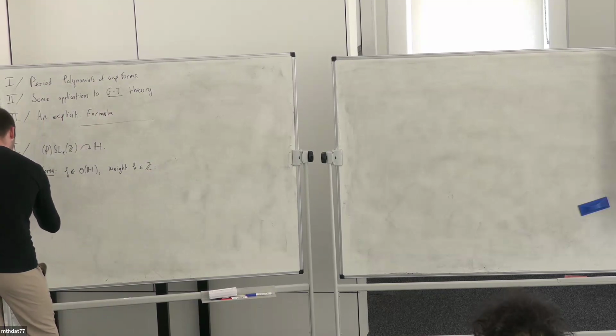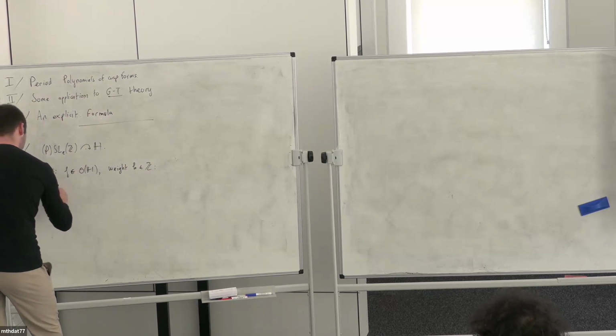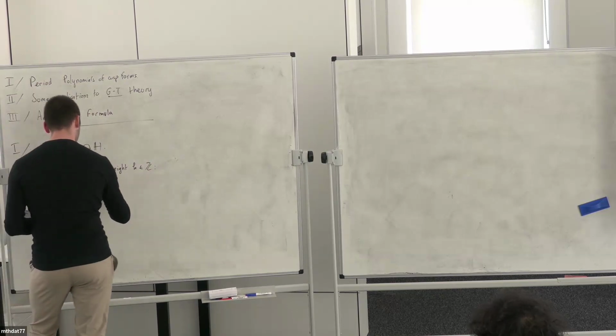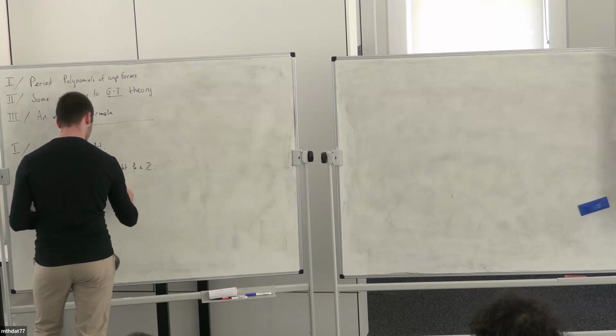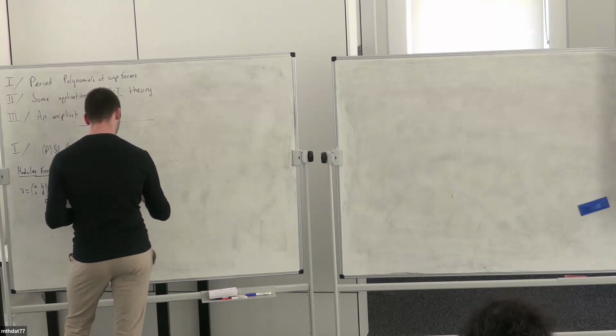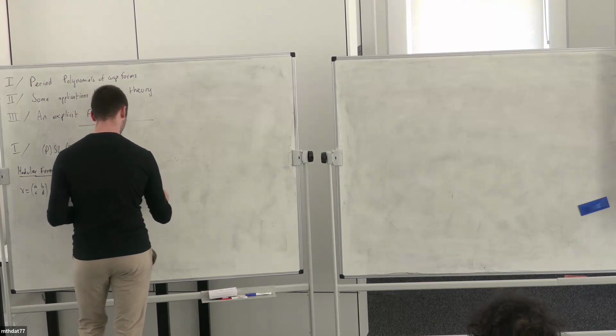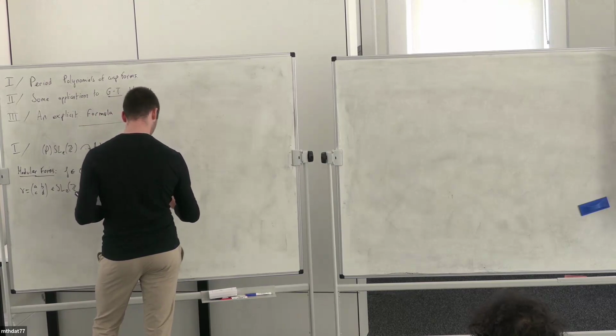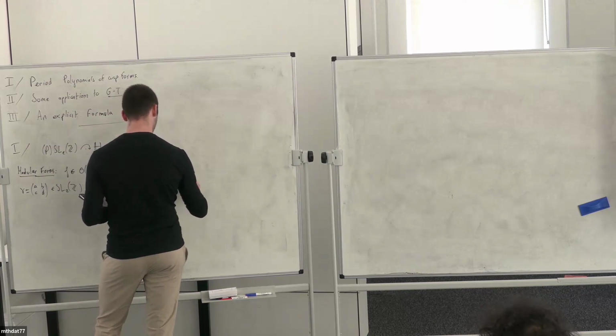If we take gamma to be a matrix in the modular group, then we ask for all elements z in H to satisfy the following property: f of gamma of z has to be equal to (cz + d) to the k times f of z.